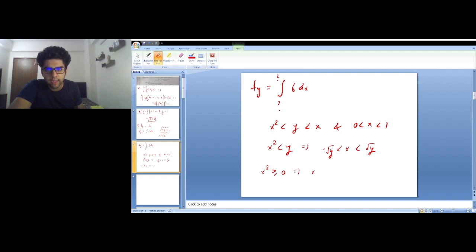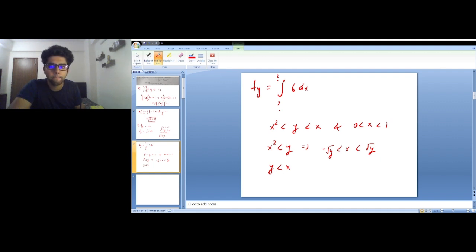Therefore, because x square is less than y, this implies that y is greater than or equal to 0. Therefore y is always positive.